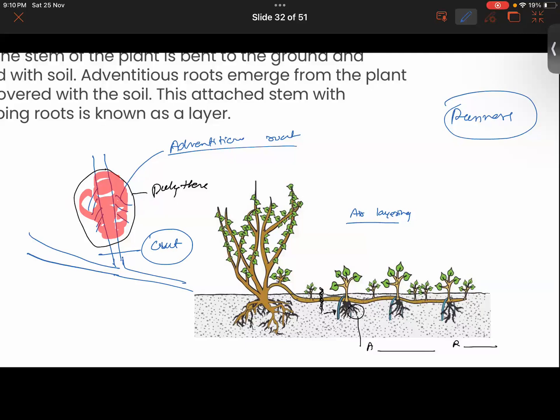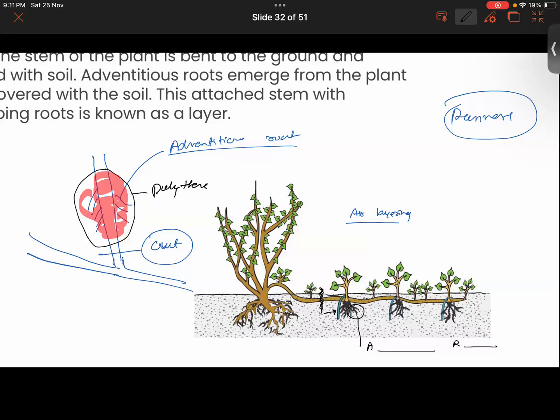I didn't understand. Okay, Vaiga, please explain this. What did you understand from it? This air layering, particularly air layering. Yes, I got it a little bit, but I don't know how to explain it.